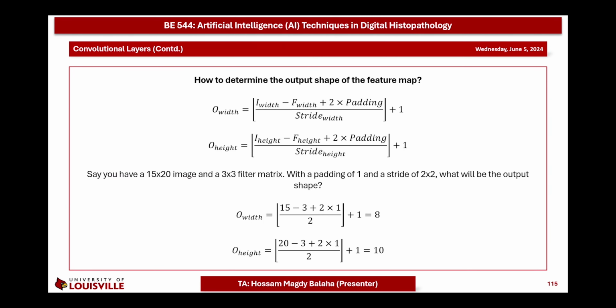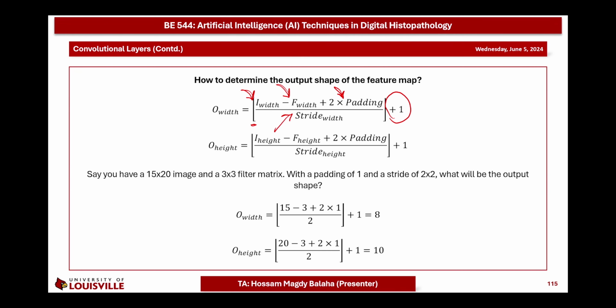So simply you are subtracting the filter width from the input width, and then add 2 multiplied by the padding and divide all of that by the stride. Then you will apply rounding. So if it's 4.8, it will become 4, 4.9 will become 4, 4.2 will become also 4, and then you add 1 to the output.